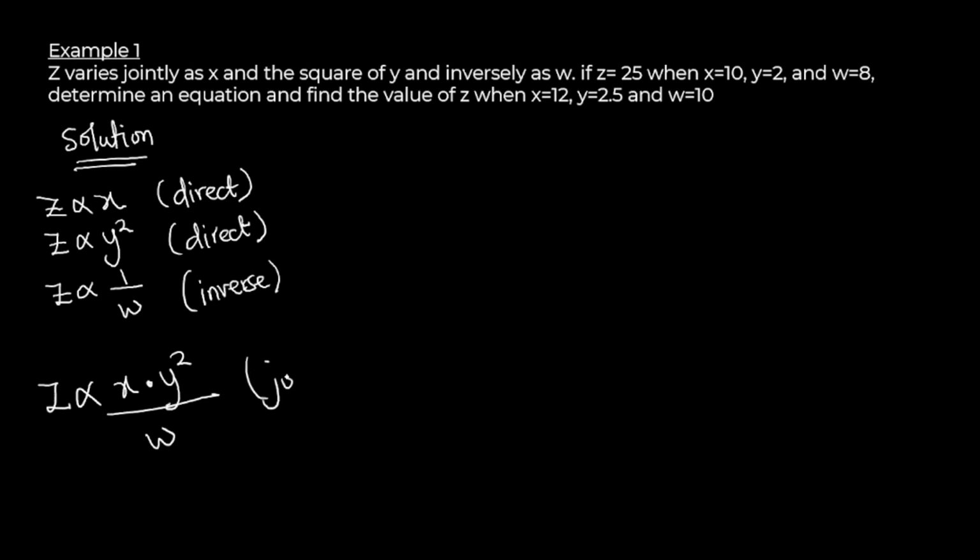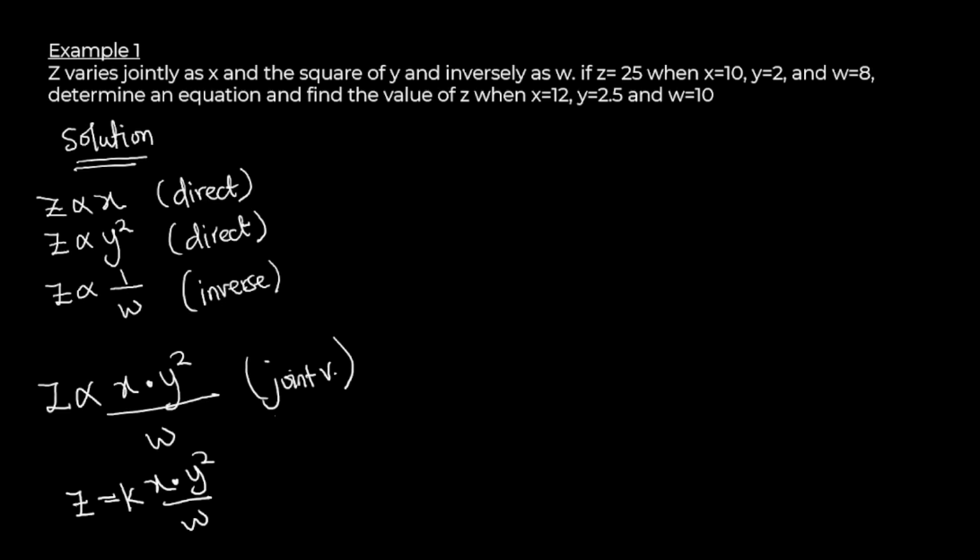From here we can remove the proportionality sign and introduce our constant. So it means Z is equal to K X multiplied by Y squared on W. So this becomes our equation in this case.